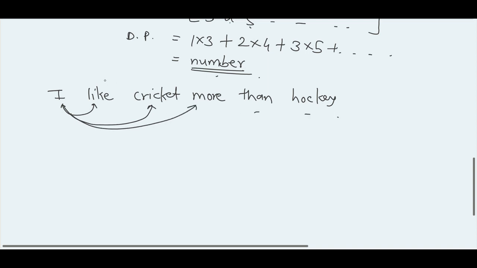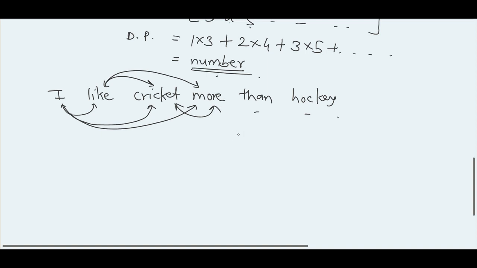Then again the similarity between like and cricket, and then these two words, and then again cricket and more. So we'll consider each pair, and then we'll compute how similar the given two words are.